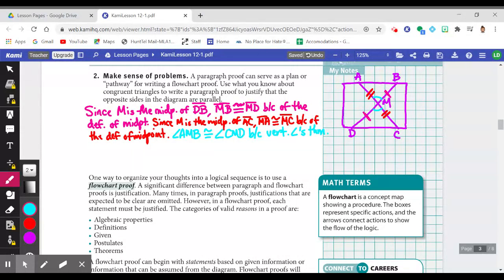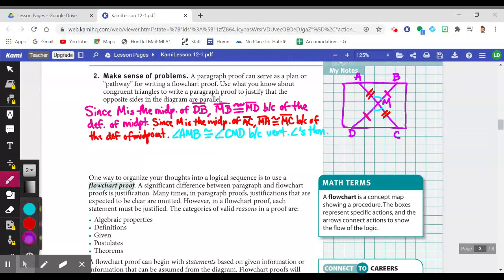So now look at the diagram. We have three pairs of corresponding parts congruent, two pairs of sides and a pair of angles. And so how do we know now that this triangle ABM is congruent to this triangle CDM? Well, because of the shortcut or criterion side angle side.